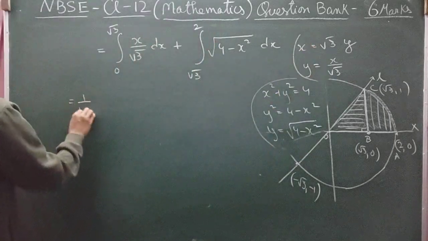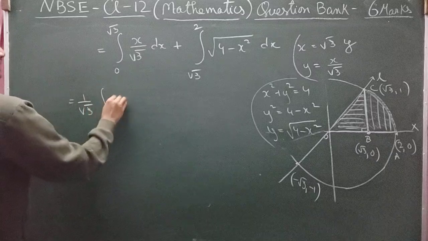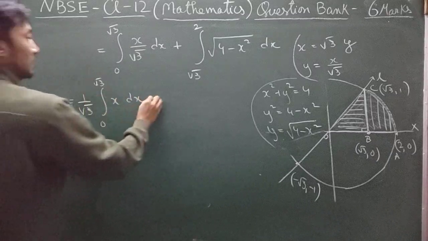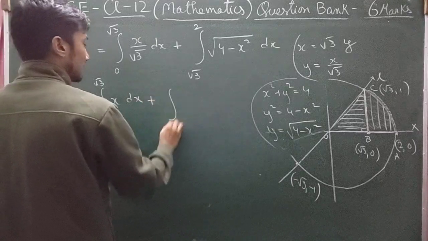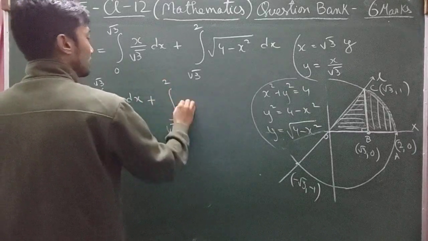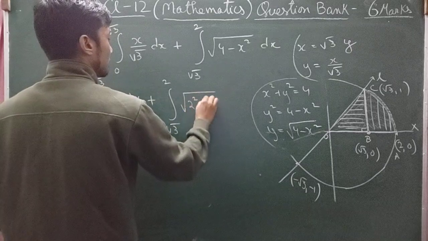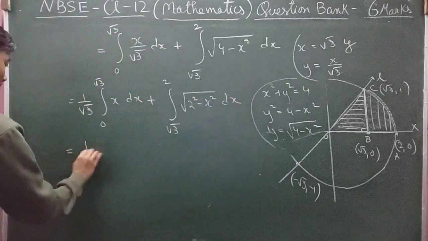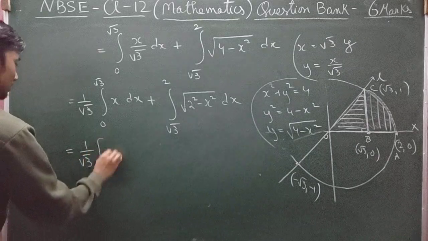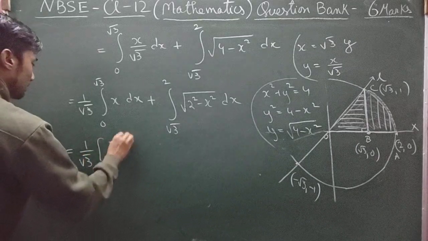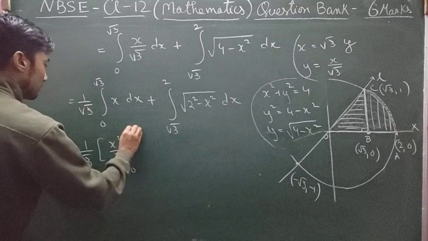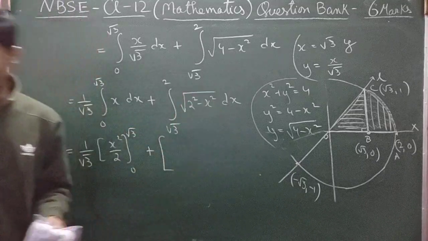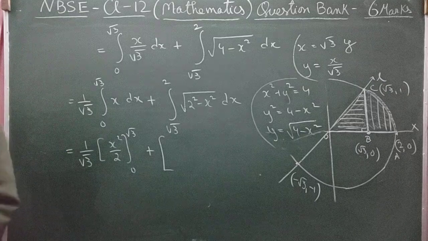So 1 by root 3 comes out, since it's a constant, x with respect to x, 0 to root 3, plus this one, I'll rearrange, 4 I can write as 2 square minus x square with respect to x. So that's going to be 1 by root 3, the integration of x is x square by 2, 0 to root 3, plus this integration, special integrals, a square minus x square.